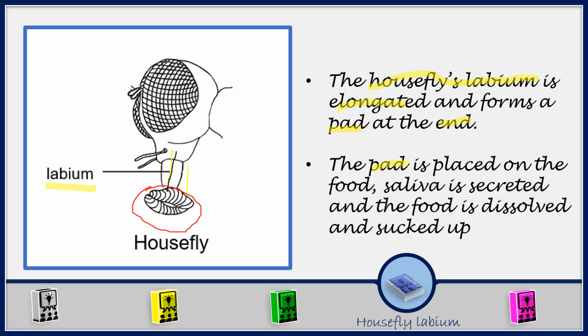The pad is placed on the food. Saliva is secreted, and the food is dissolved and sucked up.